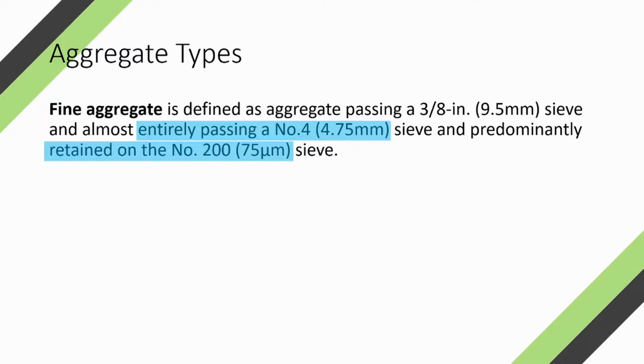So, dito yung size ng ating fine aggregate is greater than number 200 sieve. So, hindi siya magpapasa number 200 sieve natin and it is less than number 4 sieve. So, magpapasa siya sa ating number 4 sieve.